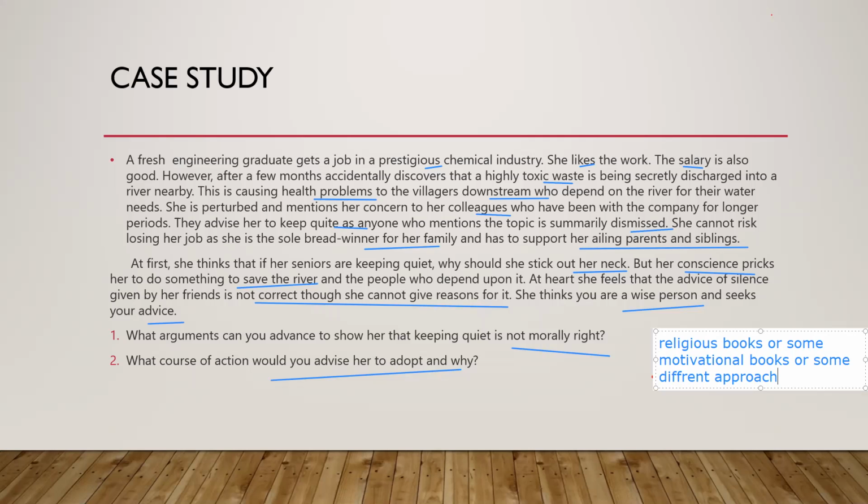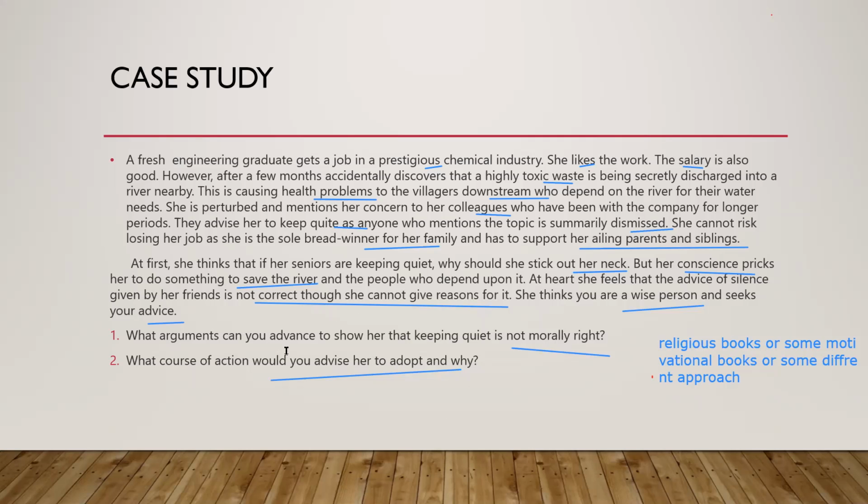First thing is that. Here the issue is of motivating the girl. Read the question: what arguments can you advance to show her that keeping quiet is not morally right? So you have to give some argument, but what is the end purpose of that? That she should feel motivated, because there are a lot of ethical dilemmas going on in her head, and she needs your help.